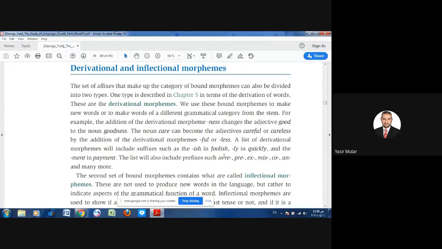For example, the word reopen. So there's a different meaning or grammatical category. This is derivational morphemes.